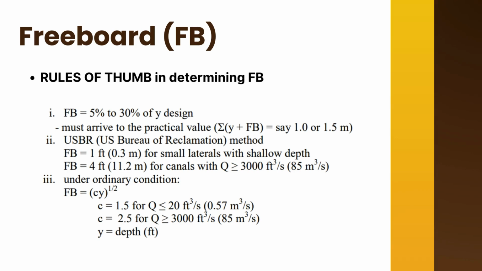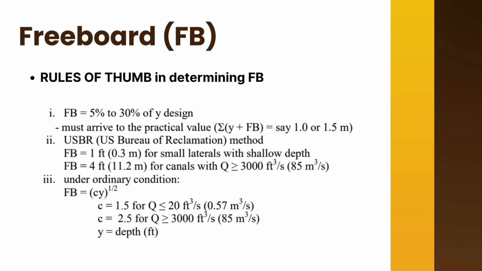3. Ordinary condition formula. Under normal conditions, another formula is used based on flow and depth. Freeboard equals the square root of the product of C and Y. In formula form, FB equals square root of C times Y, where C is a constant that depends on the flow rate.